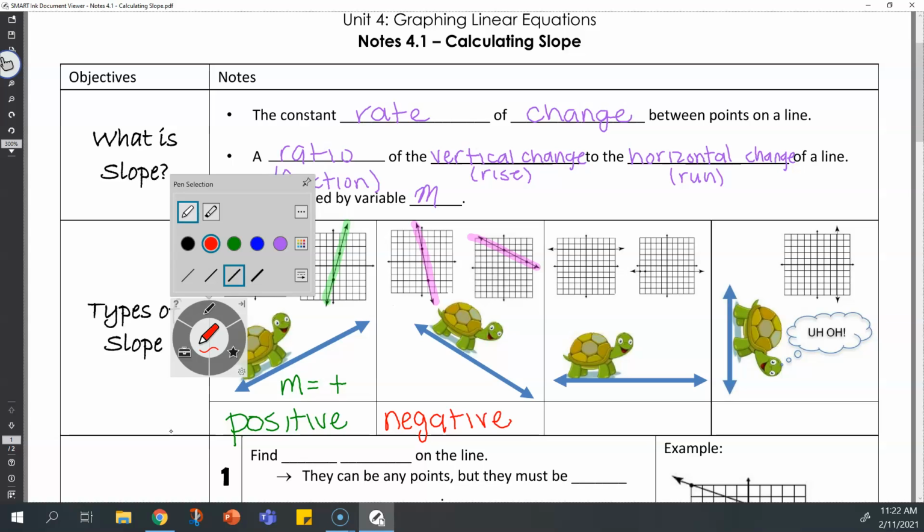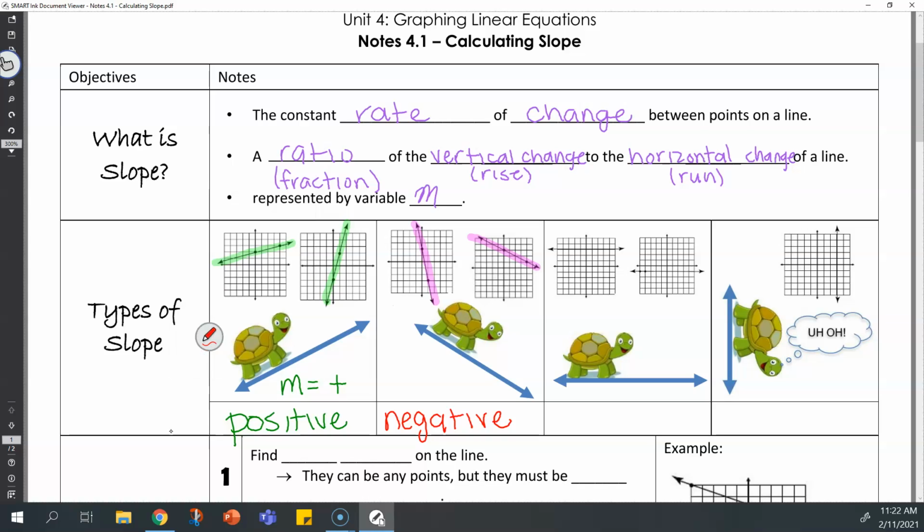Just like with a positive slope, the numeric value of the slope of a line that has negative slope is actually going to be a negative number. So you may have -5 or -4/2, but either way, if your line is going down or falling as you move from left to right, you are going to have a negative value for your slope.